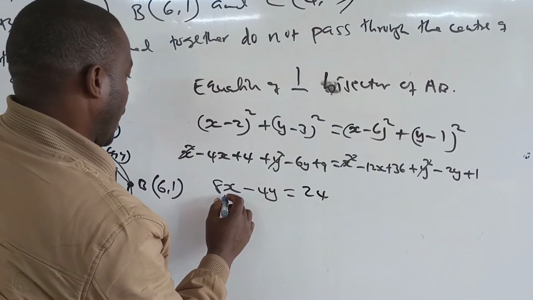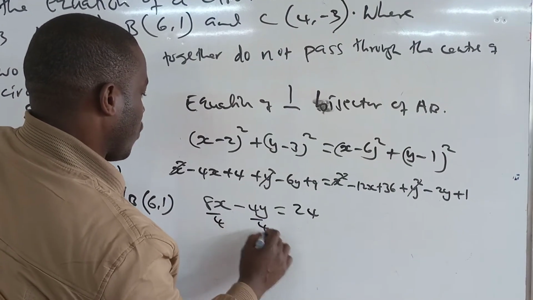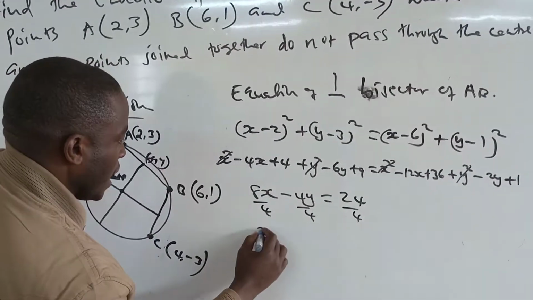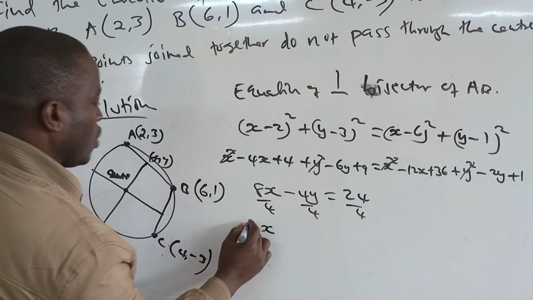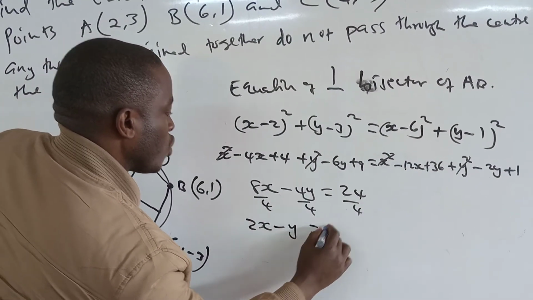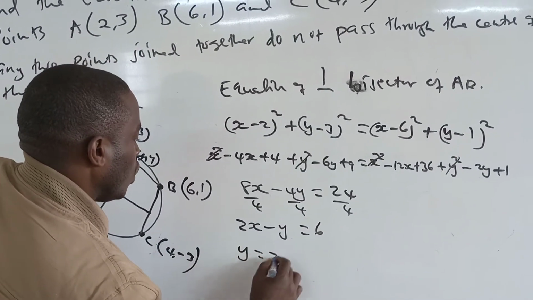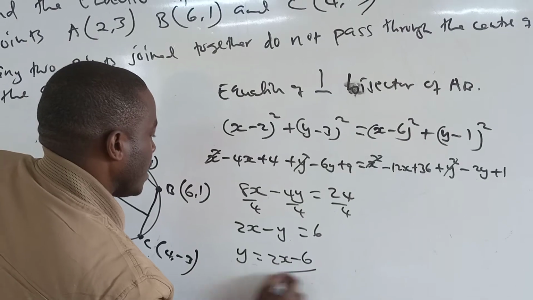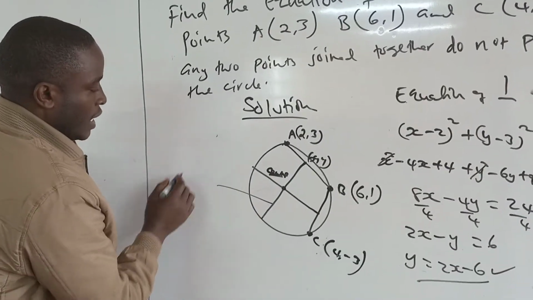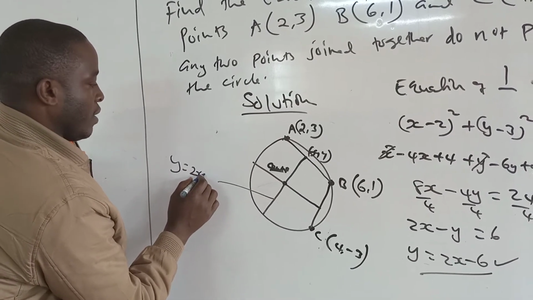So we divide by 4 all through, and we shall get 2x minus y equals 6. Taking y to the other side, y equals 2x minus 6. That is the equation of this line: y equals 2x minus 6.